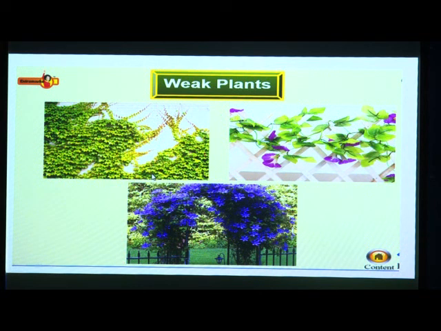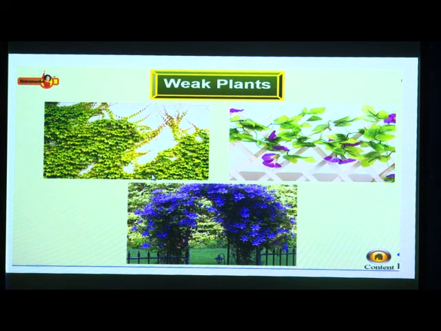They creep along the ground or climb a support. By the name, a creeper creeps along the ground, which means it grows on the ground, and a climber climbs on a wall or any support. So, these are the two different kinds of plants, creepers and climbers.